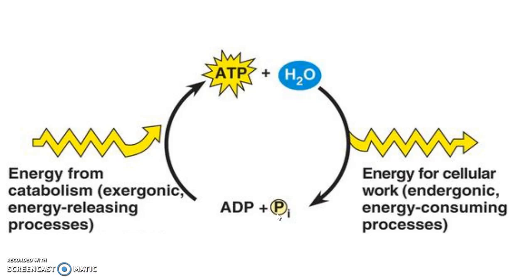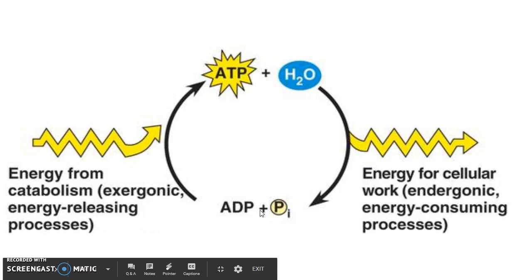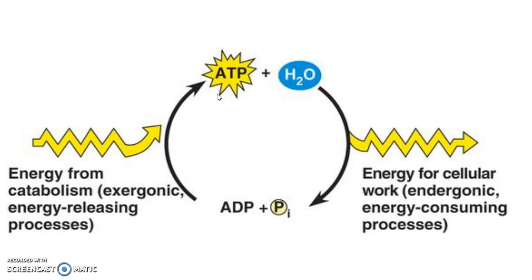But we can add that third phosphate group back onto ADP to regenerate a molecule of ATP. And so if there's any other neighboring reaction that we couple to this one that releases energy, we can store it in the bonds between that second and third phosphate group. And so in a way, these can just cycle back and forth as needed by the cell.